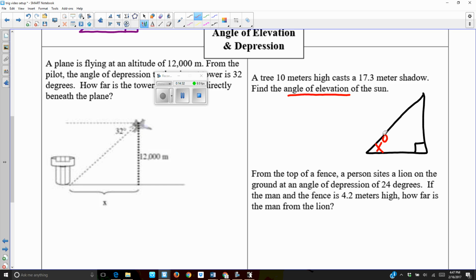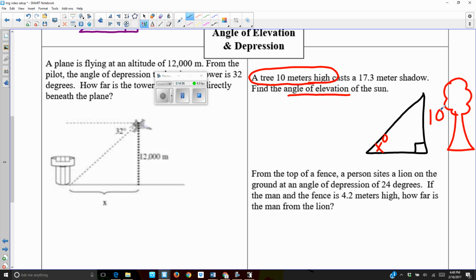The other information they give us is a tree is 10 meters high. Of course, a tree stands vertically. You don't see a tree laying on the ground. A tree is not slanted. So the tree, of course, has to be the vertical height in this problem. So the 10 goes right here.